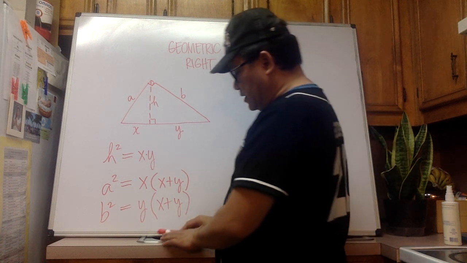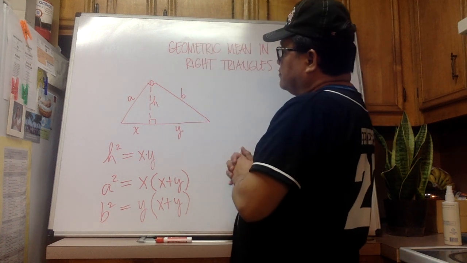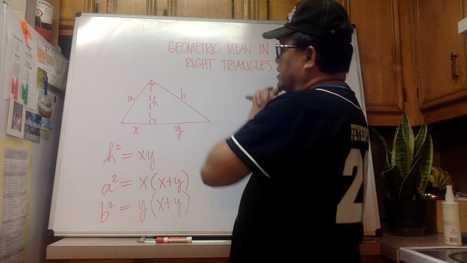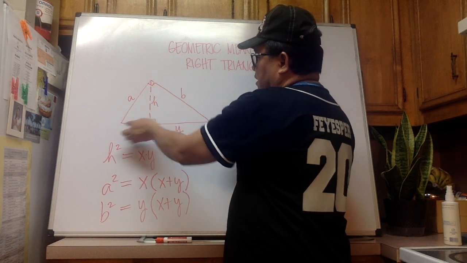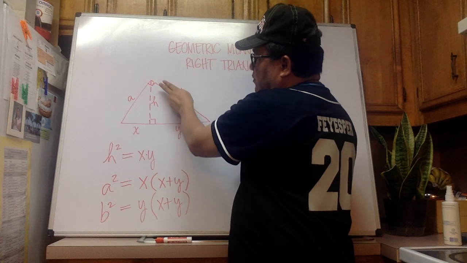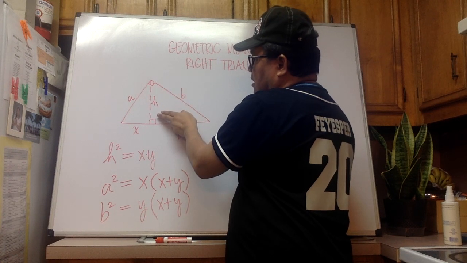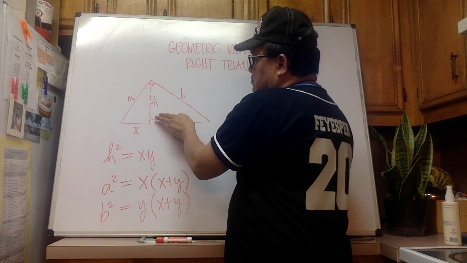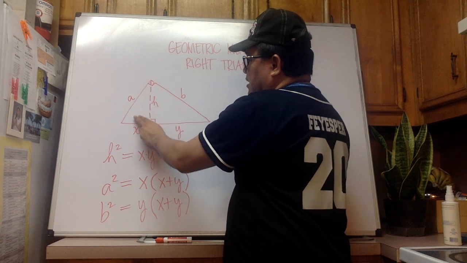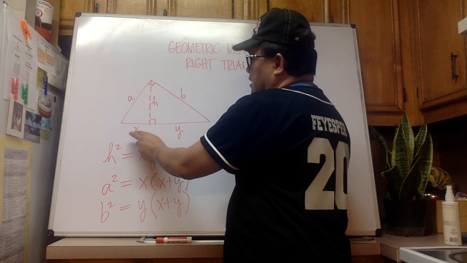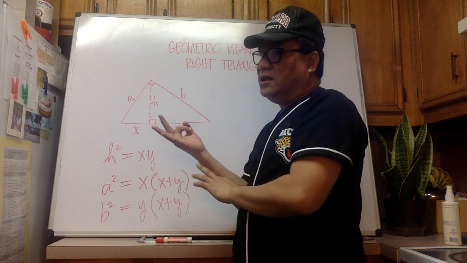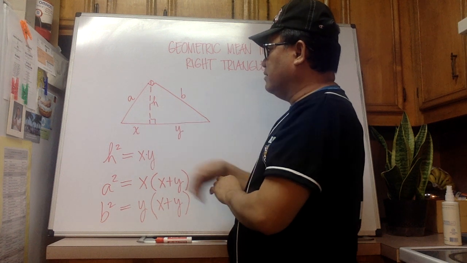One more time before we do examples. We are given a right triangle, a big right triangle over here. When we draw the altitude, we end up breaking it into two smaller right triangles, and now we have three right triangles in one diagram.